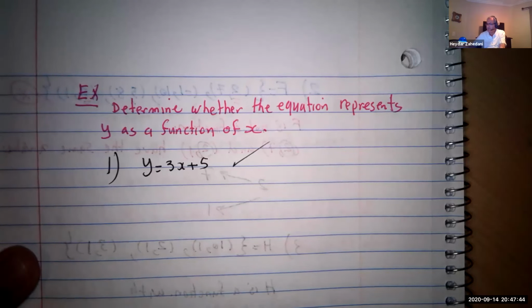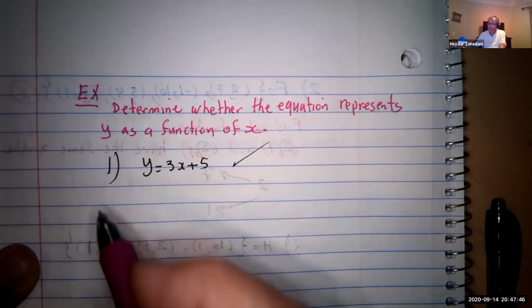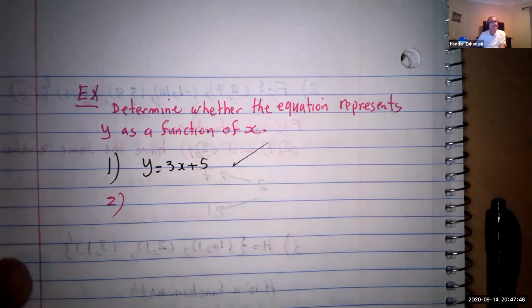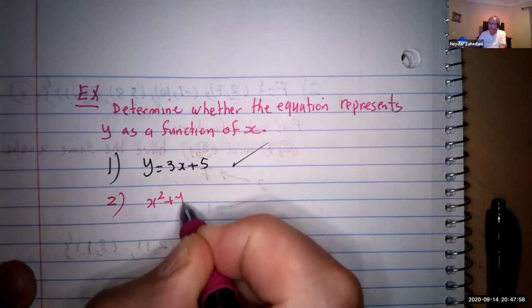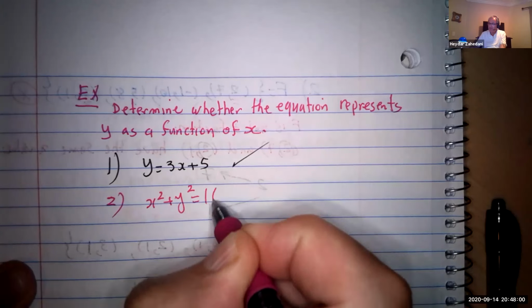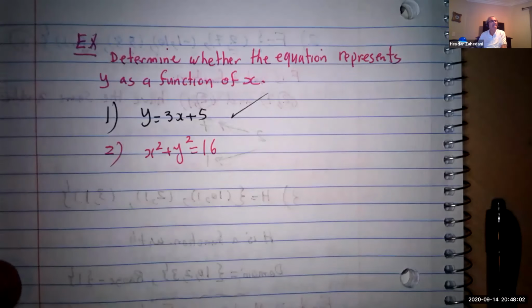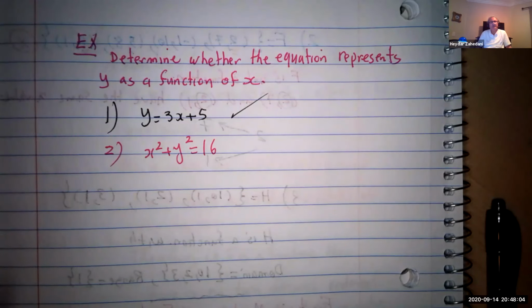Any question? How about the second one? Look at this one to know the difference. This one is going to be, let's say, x squared plus y squared equal to 16. Okay, we want to know if this equation is a function.